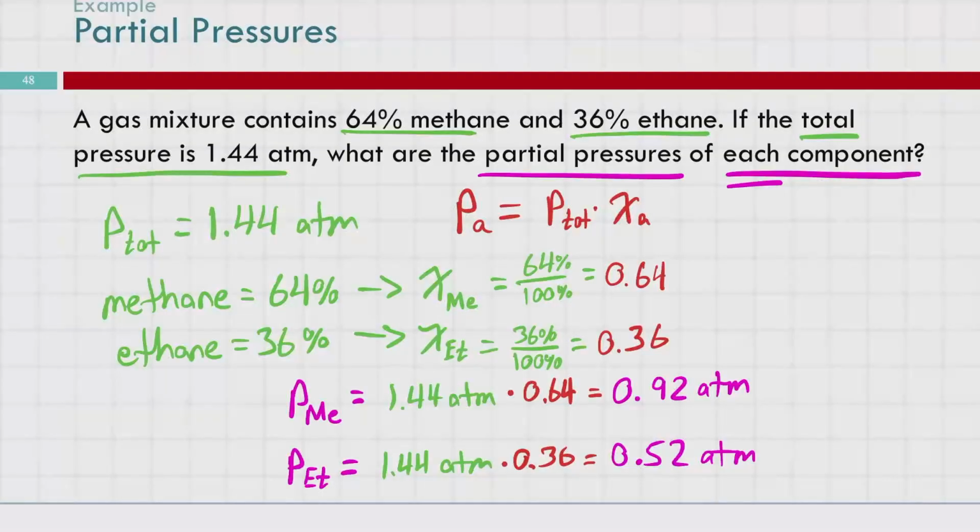You will probably get this, P sub A equals PTOT times chi A, on an exam on your information sheet. You'll have to know what the symbols mean. So you must know what the symbols mean.